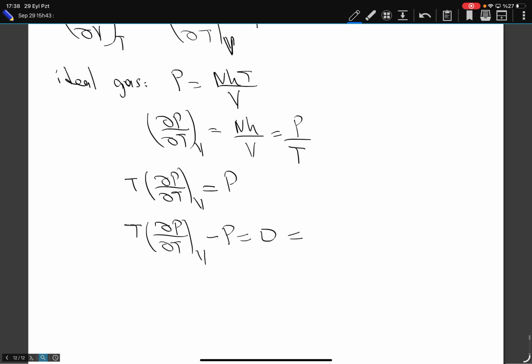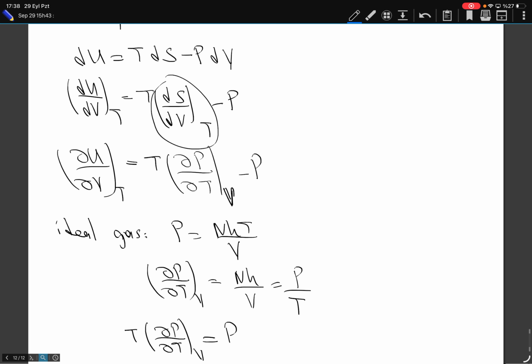But this is nothing but the derivative we wanted. So as long as you have a system that satisfies the ideal gas equation of state, its internal energy depends only on the temperature and it doesn't depend on the volume of your system.